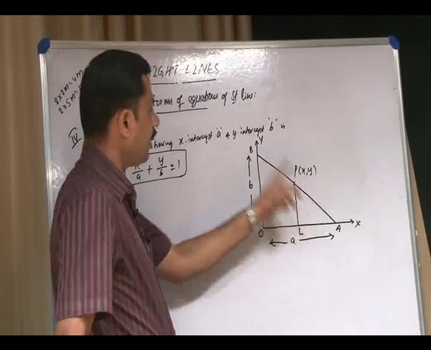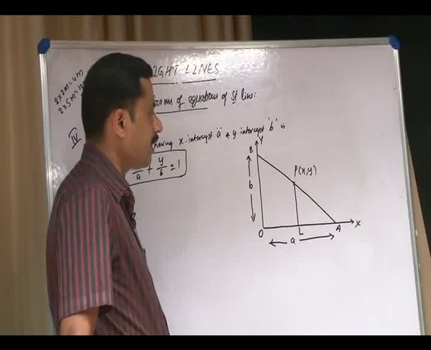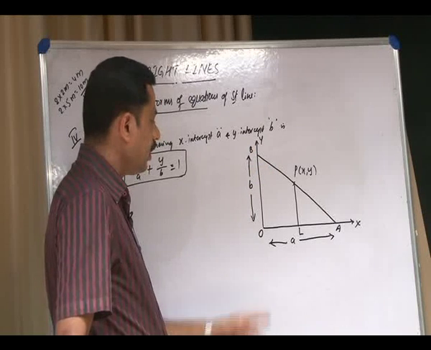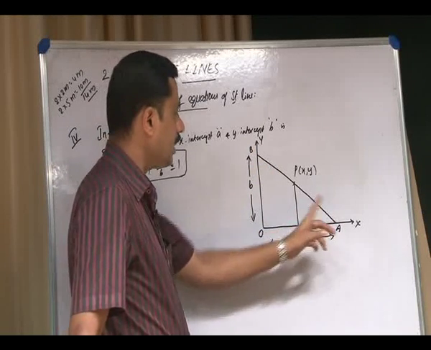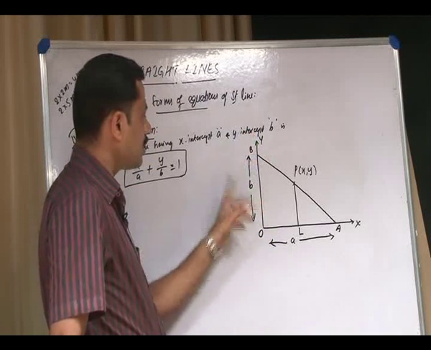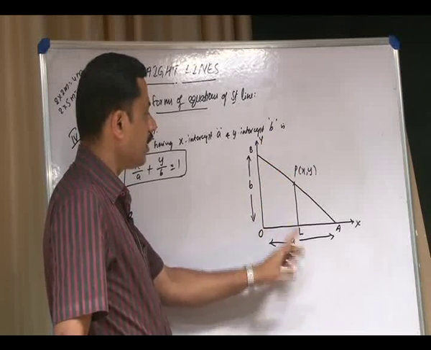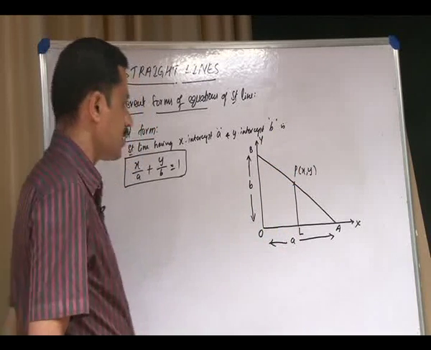Consider a straight line AB, it cuts off x and y axis at points A and B respectively as shown in figure. Then the distance from origin to the point A is called x intercept a and the distance from origin to the point B on y axis is called y intercept b. Let P(x, y) be any point on the straight line, draw PL perpendicular to x axis.